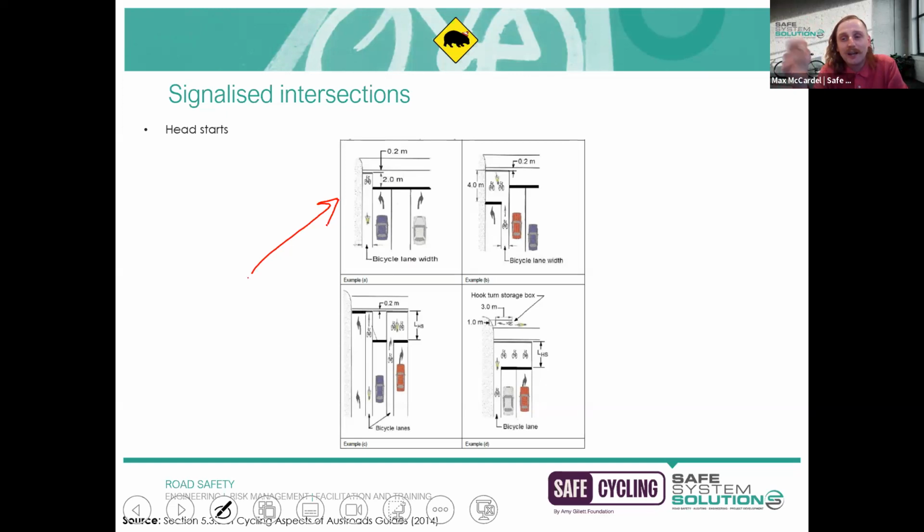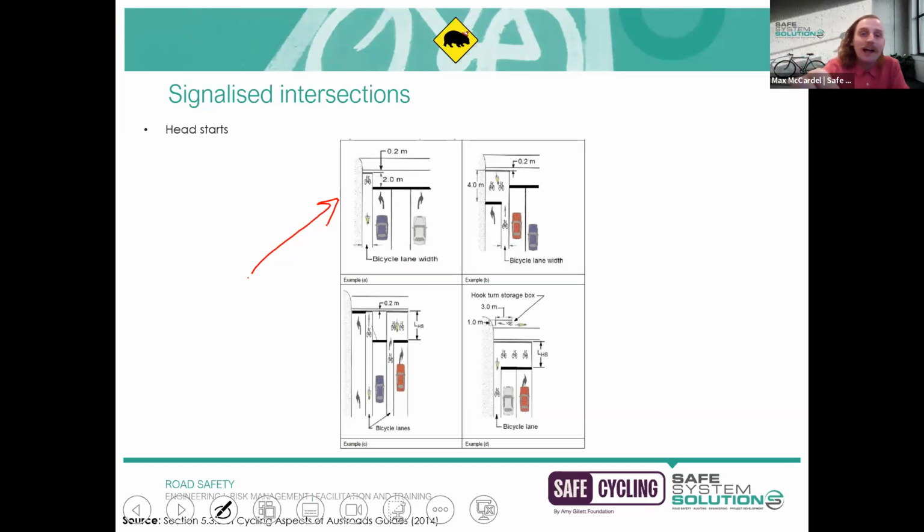What I'd like to communicate with this, as well as everything that's written within the Austroads guide, is that head start boxes not only give cyclists a place to perch themselves in front of the intersection and be as visible as possible, which is fantastic, but they can also have a clear wayfinding connotation to it as well.